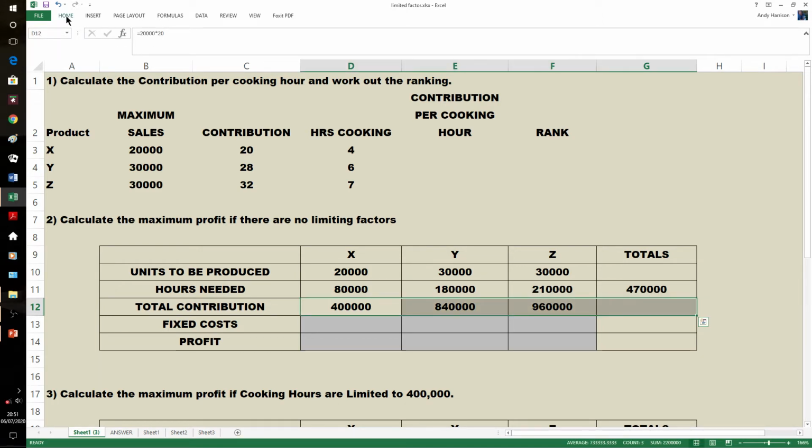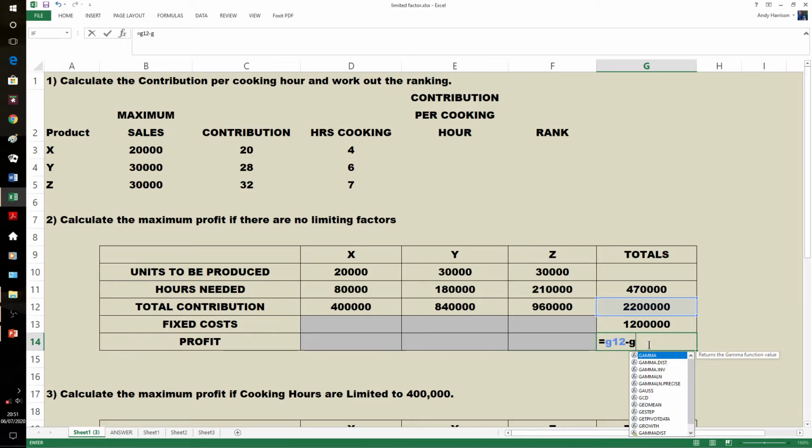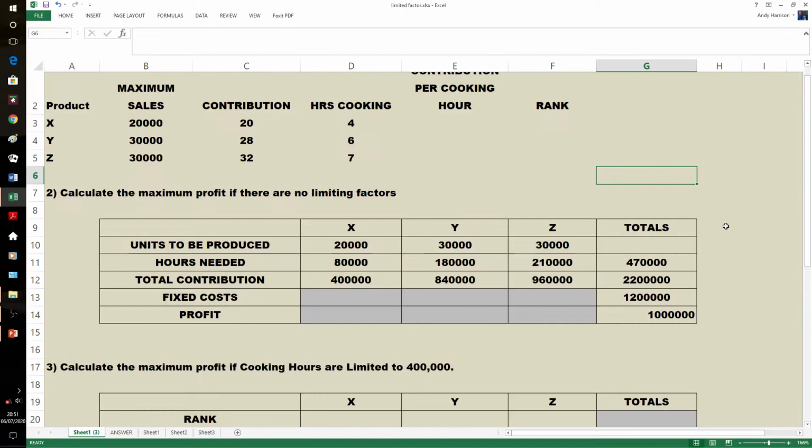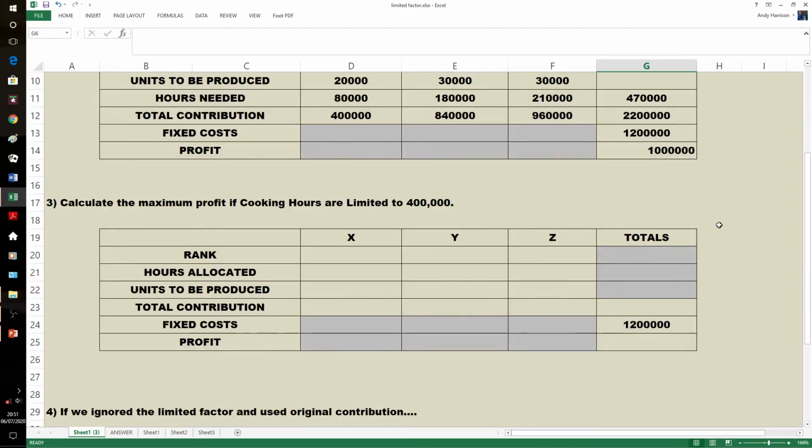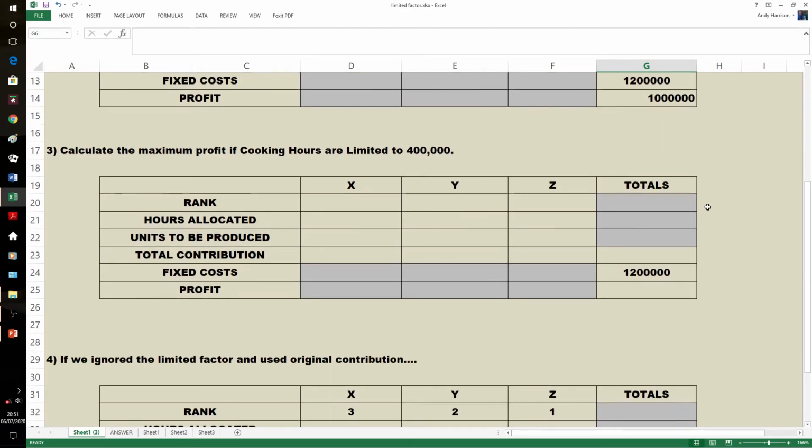So we would normally have 2.2 million. Our fixed cost will be 1,200,000, making it nice and easy to calculate, making £1 million under normal circumstances. But now we're limited.